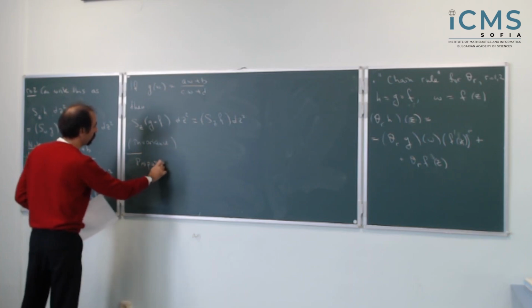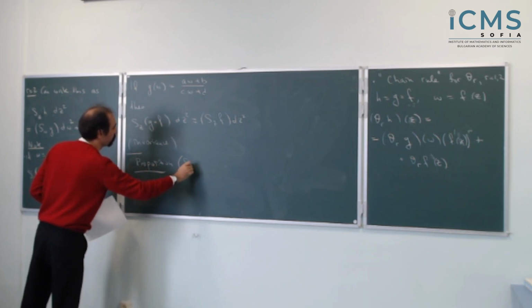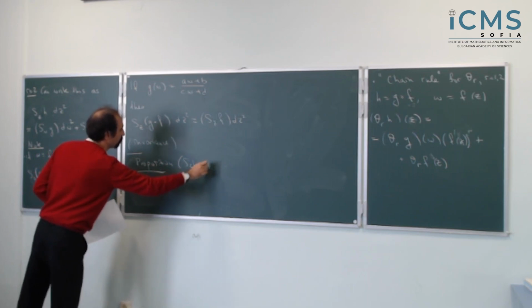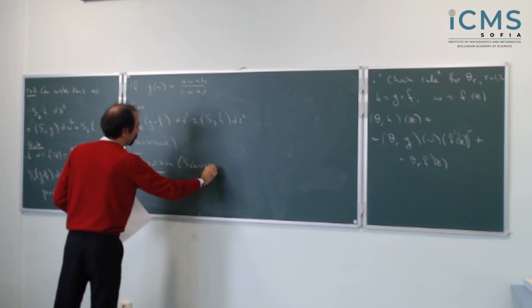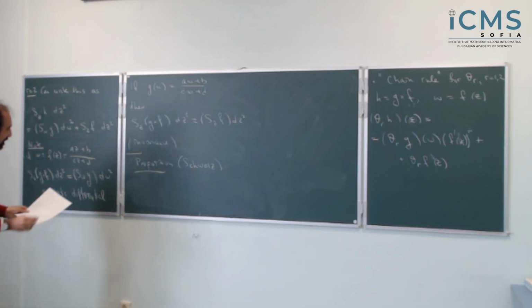So we have the following proposition. I go to Schwarz. I'm never sure whether there's a T or no T there.